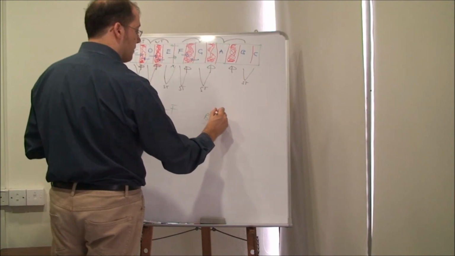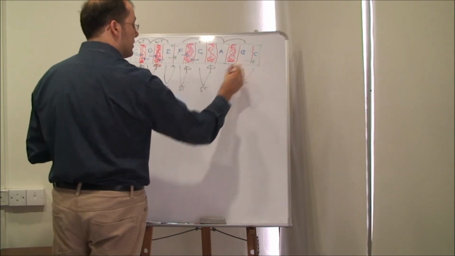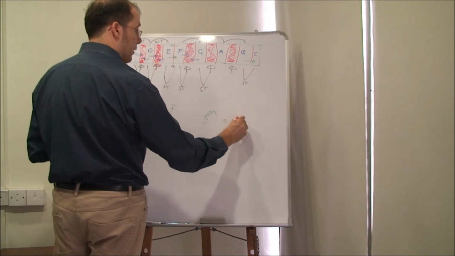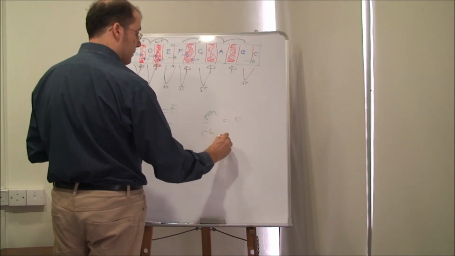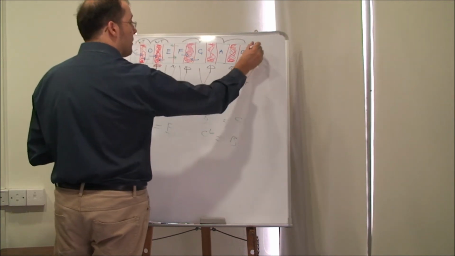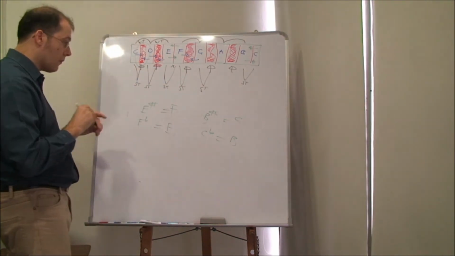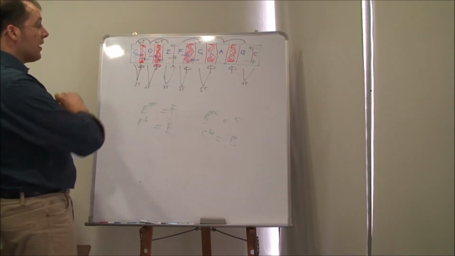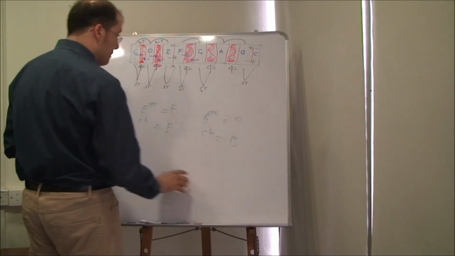B sharp is the same as C, and C flat is the same as B. So that's the basic idea.